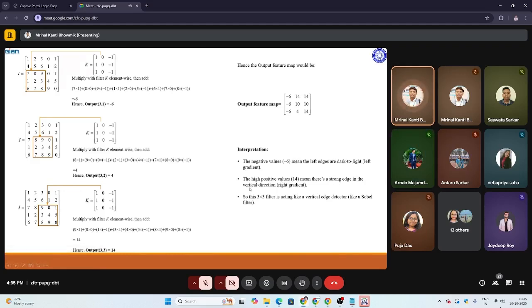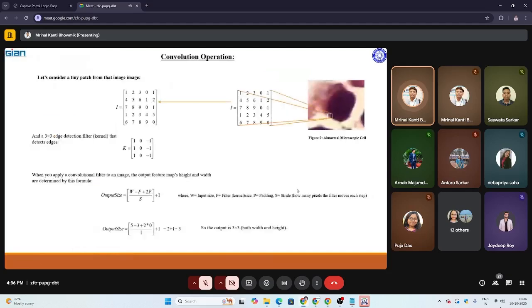Since we performed convolution with the edge detection filter, the highest positive value is 14, whereas the negative value is -6. -6 generally represents edges from dark to light, and high positive values mean there is a strong edge in the vertical direction. This 3 by 3 filter is acting like a vertical edge detector, like a Sobel filter. For the next slide, I guess you have understood how the convolution operation works.